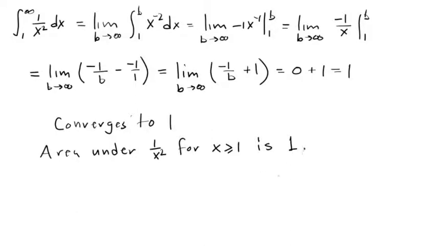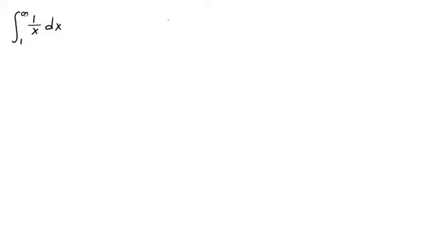All right, so there's an example of where you would have an infinite bound but still have the improper integral converge to a value. All right, a finite area. If we look at what happens to this one, all right, 1 over x, I set it up the same way. All right, so I have to do a limit, and again, because it's the top bound, I'm going to do b as b goes to infinity of the antiderivative from 1 to b of 1 over x dx.